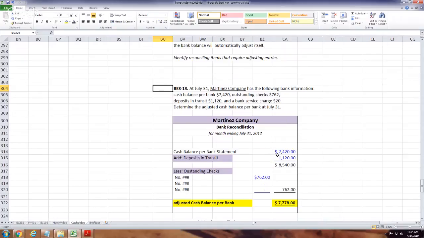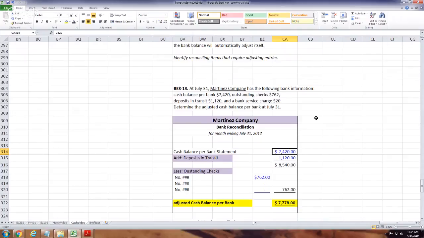But for Martinez Company, the balance per bank is $7,420. That's the cash balance per the bank statement.